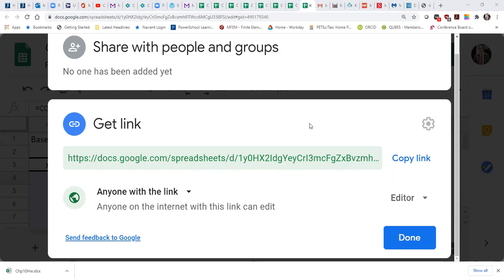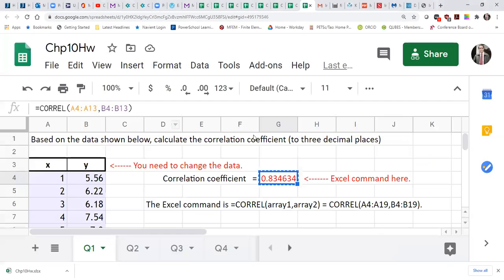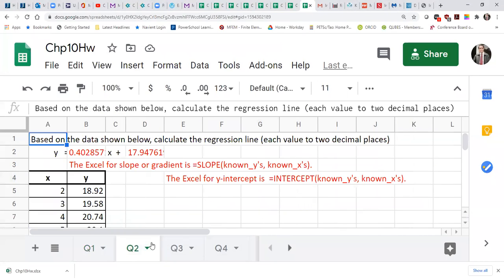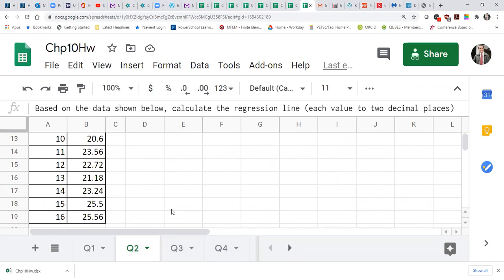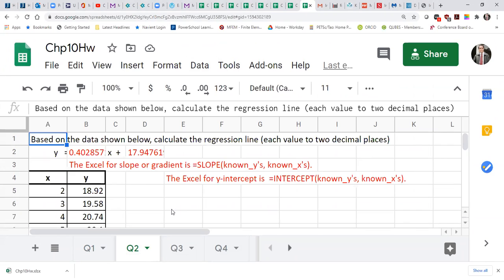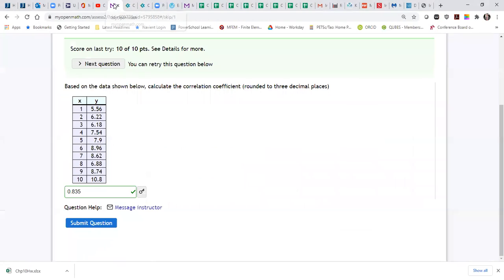Okay, so go to number 2. Yeah, sorry, I didn't put it in order. Okay, so for this one, you need to look for the regression line.